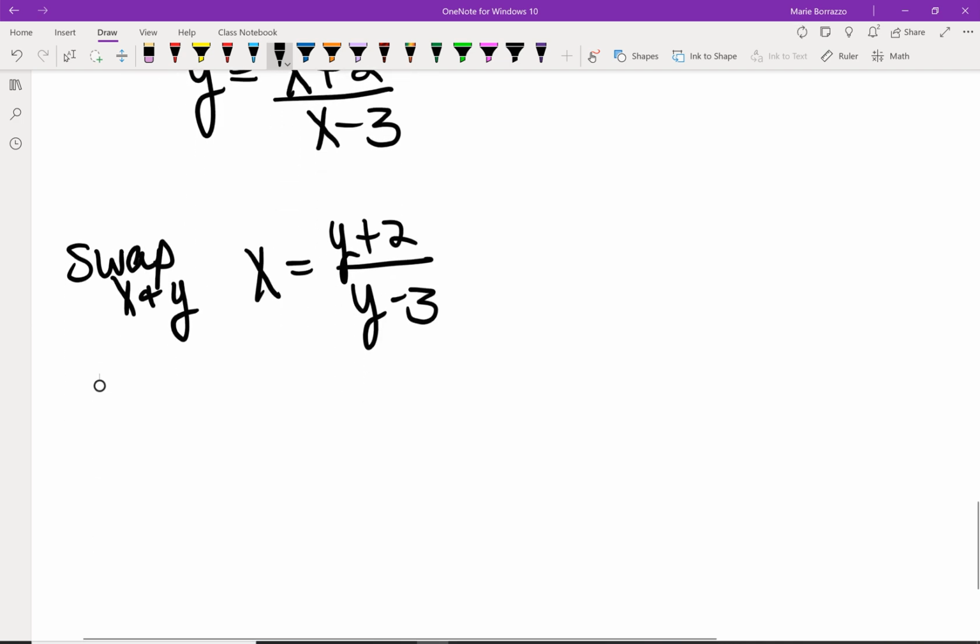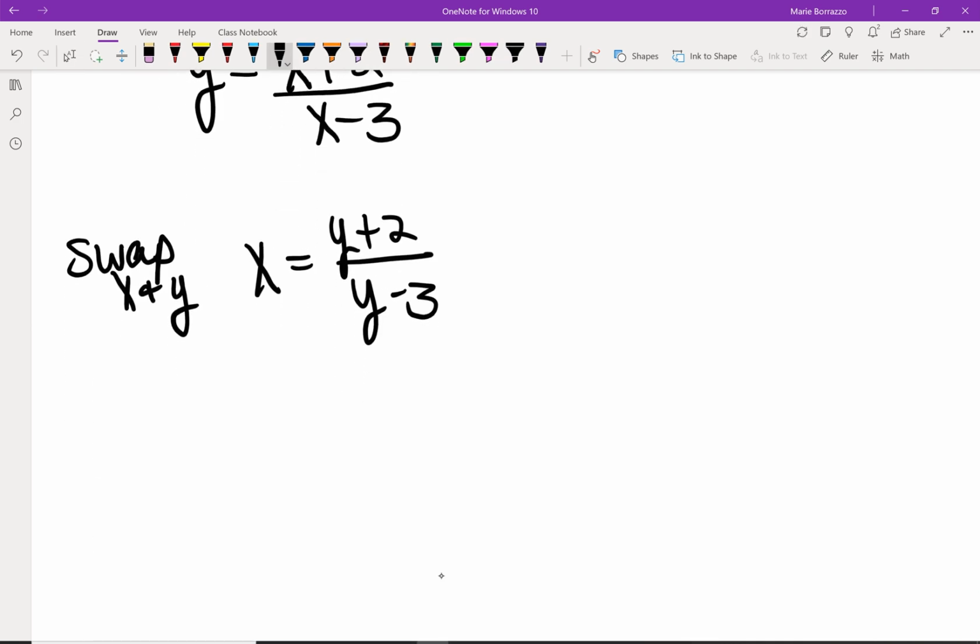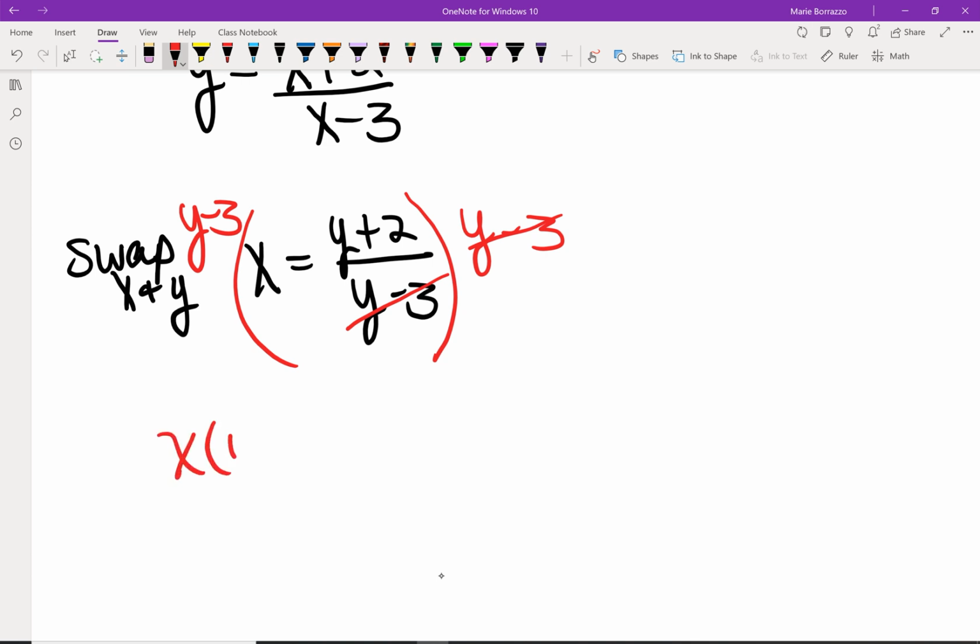All right, now we solve. So I'm going to multiply both sides of this equation by y minus 3. Obviously, you can see that this will cancel on this side. And it's going to start by leaving you x times y minus 3 is equal to y plus 2.